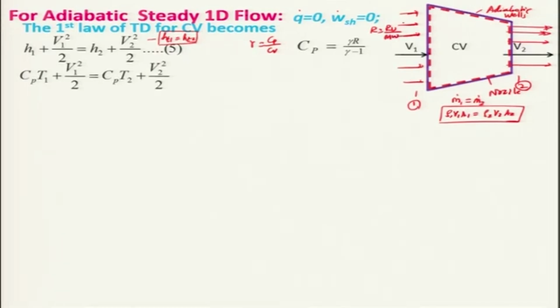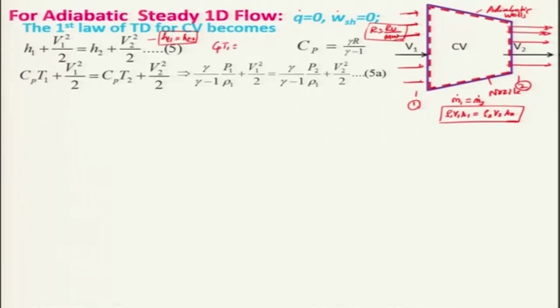Ru is the universal gas constant that we have already discussed just a few minutes back. If you look at Cp T1, that is nothing but gamma R divided by gamma minus 1 into T1, and we know that the equation of state says P1 is equal to rho 1 R T1.